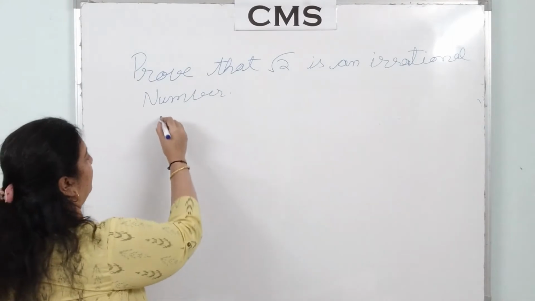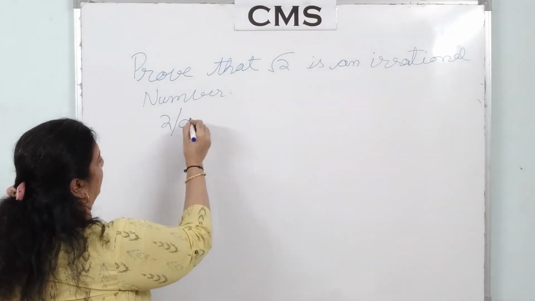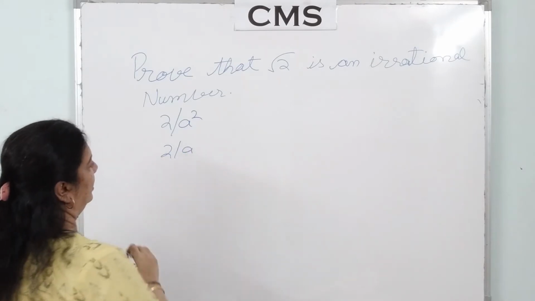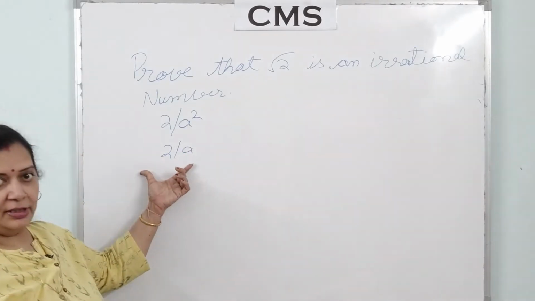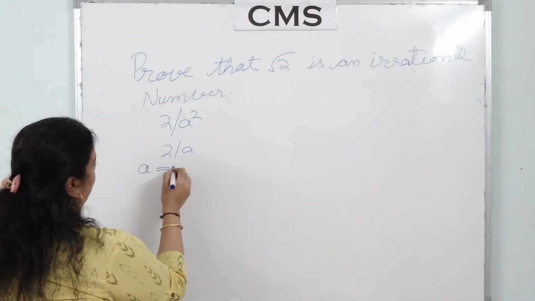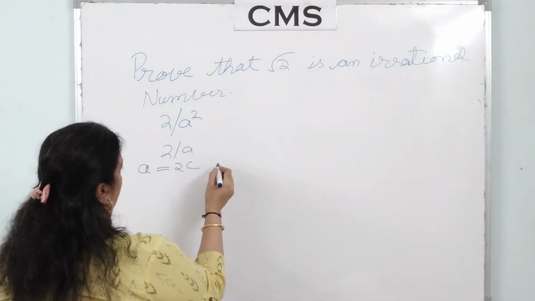What I have proved is that 2 divides a square, so 2 divides a. Now the next step: we take a equals 2c, where c is another integer.